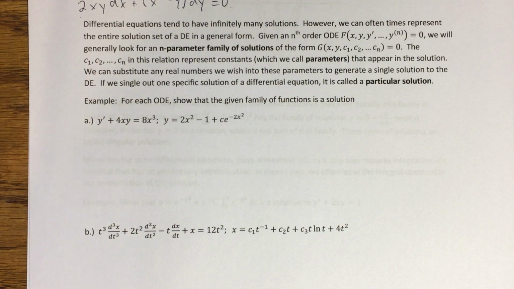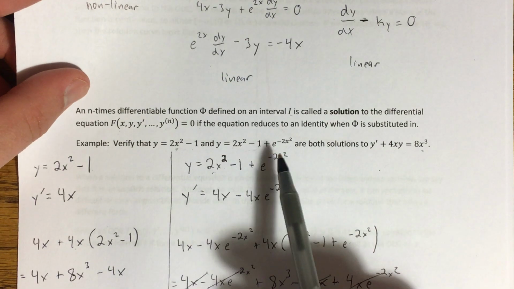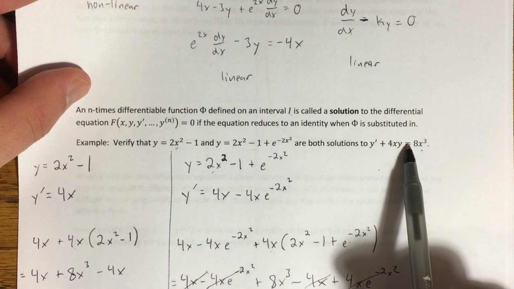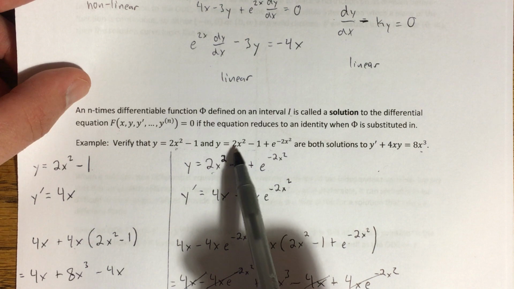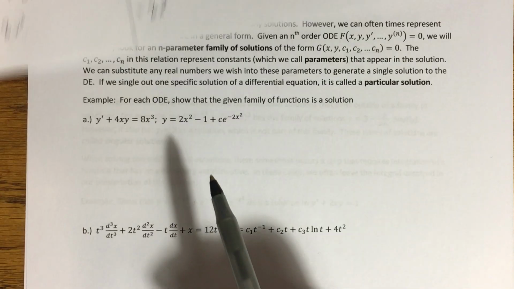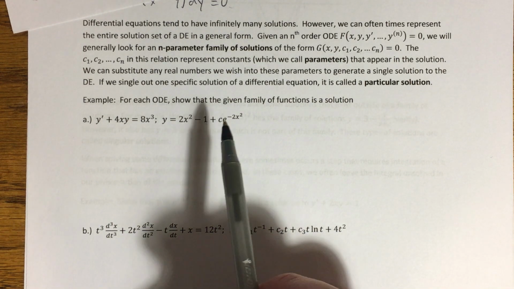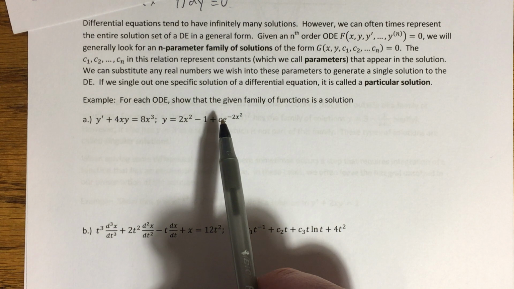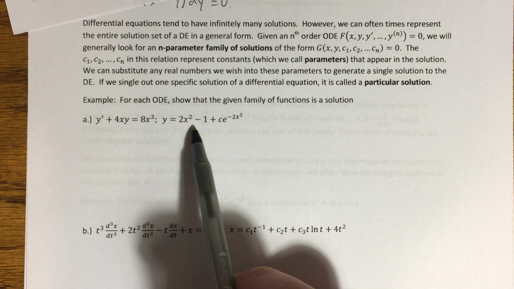Compare that to what we looked at back here. We had these two solutions for the same differential equation, y = 2x^2 - 1 and y = 2x^2 - 1 + e^(-2x^2). Comparing that to this, the first of those two solutions was choosing a value of 0 for c, causing that term to go away and giving me 2x^2 - 1.